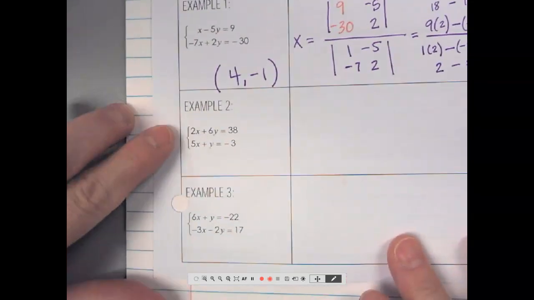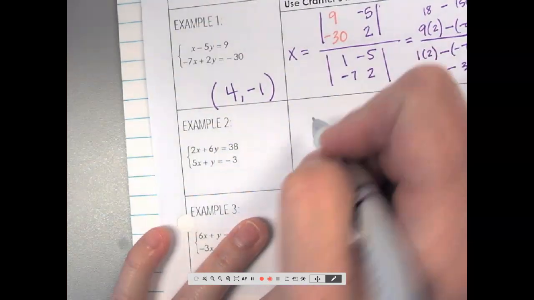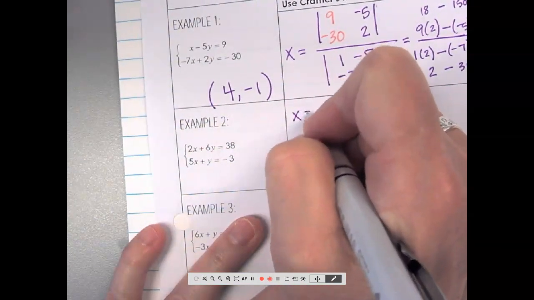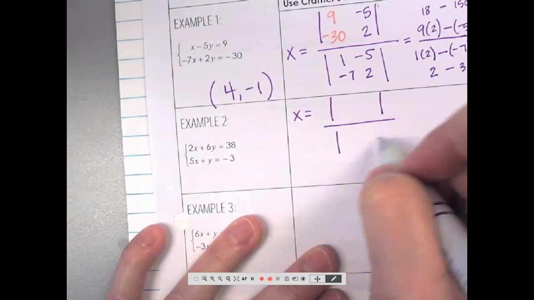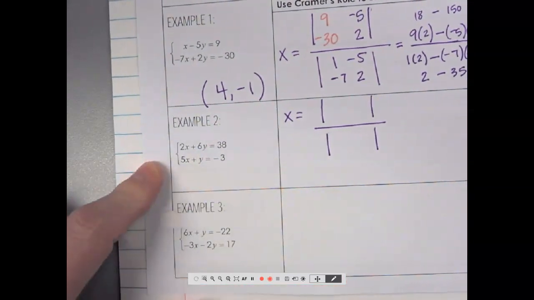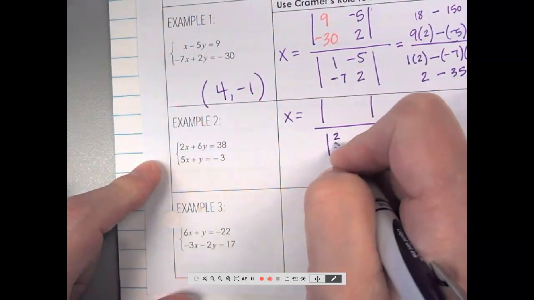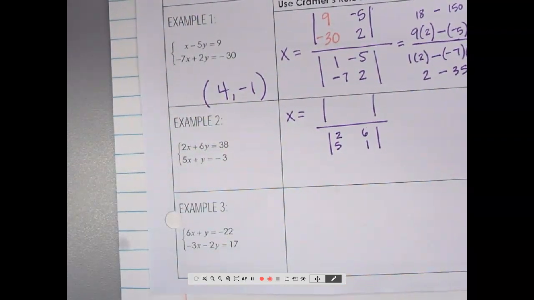I'm making sure the x's, the y's, the equals, the constants are lined up. We're good to go. I'm not going to take up quite so much space this time. 2x2 over a 2x2. The denominator is always x coefficients, y coefficients. X is your first column, y is your second column.